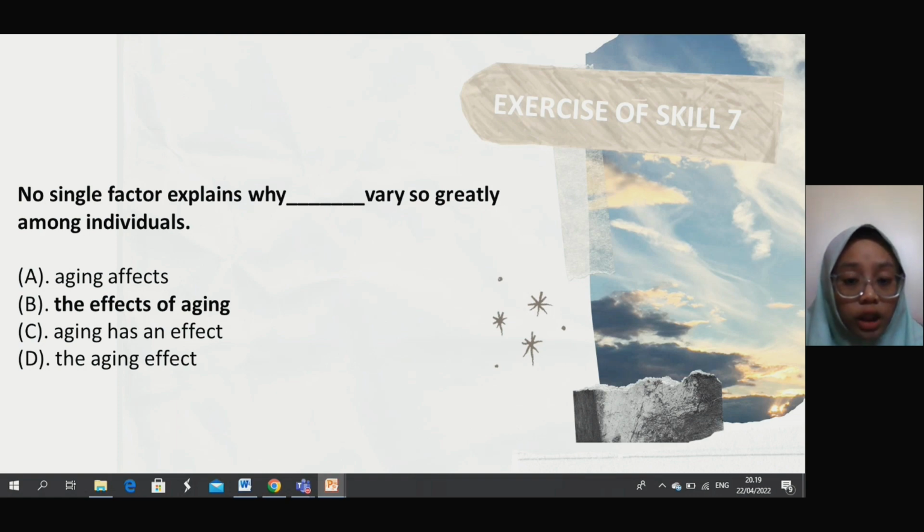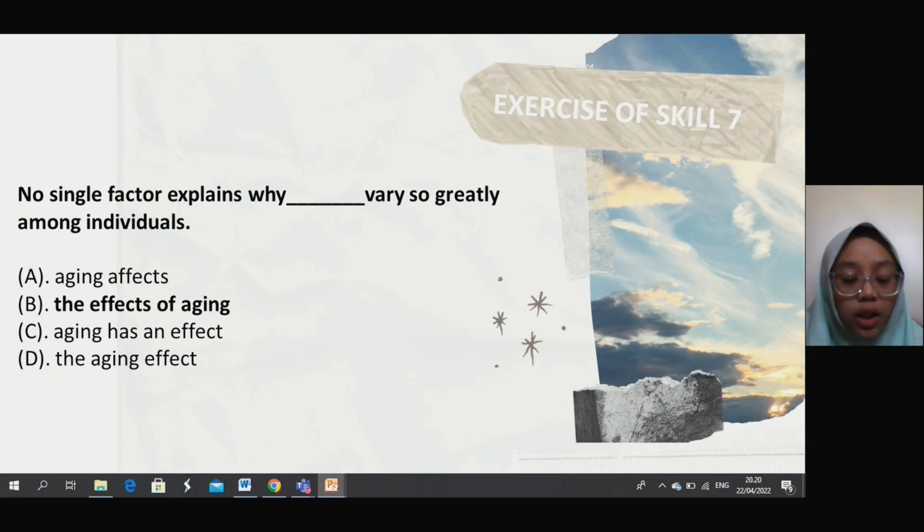Because in the question there is already a clue, there is the word why as a connector. So you need a subject. Why? Because the word vary is a verb, then the subject must match the verb. The answers that are close are answer B and D. Why is A wrong?